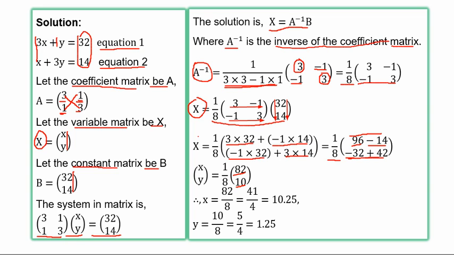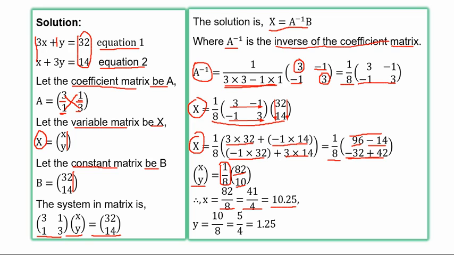So this matrix S, the entries are s and y, equals 1 over 8 into 82 and 10. So by scalar multiplication, the value of s is equal to 1 over 8 multiplied by 82, that is 82 over 8. If you reduce, you have 41 over 4. To decimal, you have 10.25.